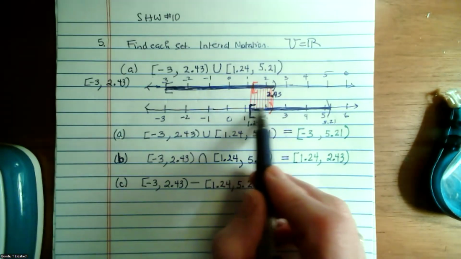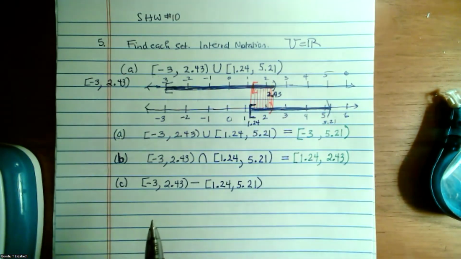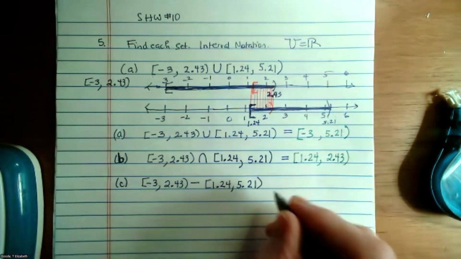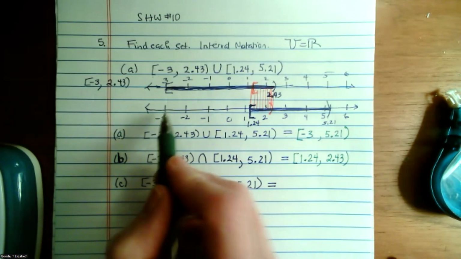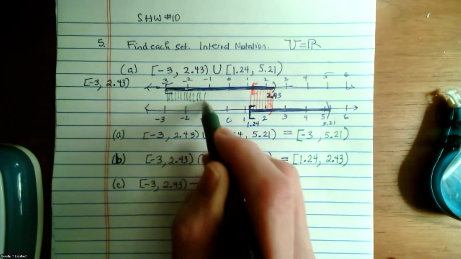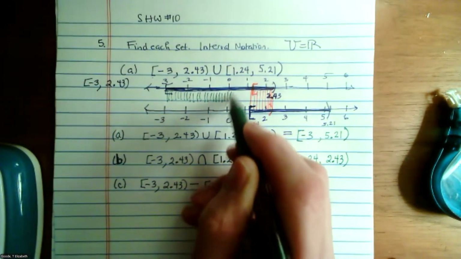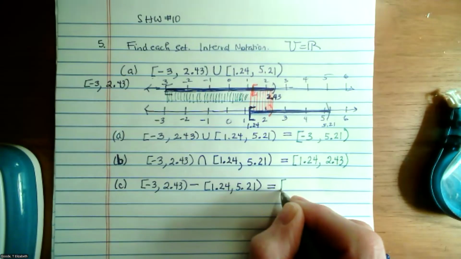So we subtract away these that are in red, this overlap. We're going to be left with the -3, because we're not subtracting away the negatives. So we're going to keep all of these. So -3, square bracket? Yes.